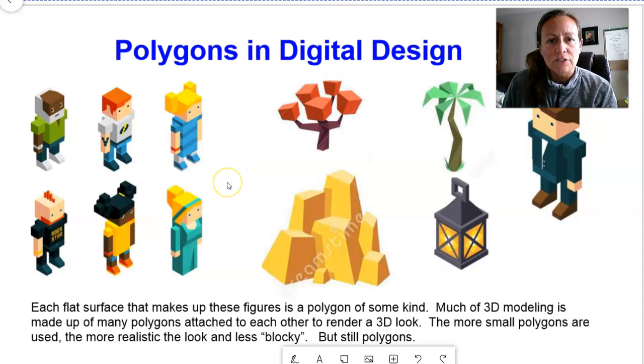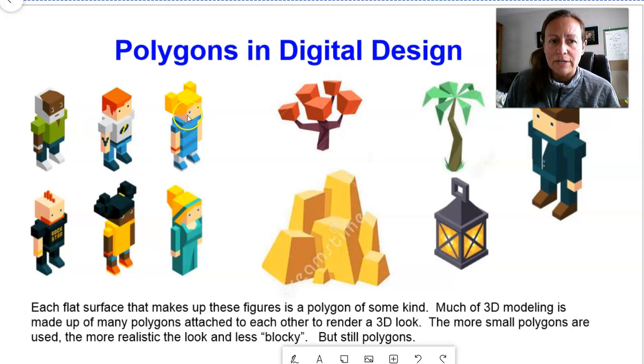Even in digital form, like in your video games, when they try to render a 3D looking world in front of you, what the computer program is doing behind the scenes to create these objects and characters, a lot of times you can see it better when it's the blocky versions, the ones that are less high quality graphics, is basically making the surface of each object composed of a bunch of polygons.